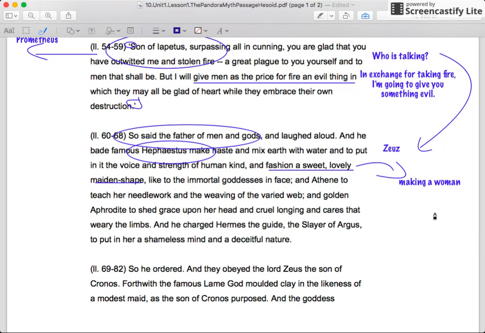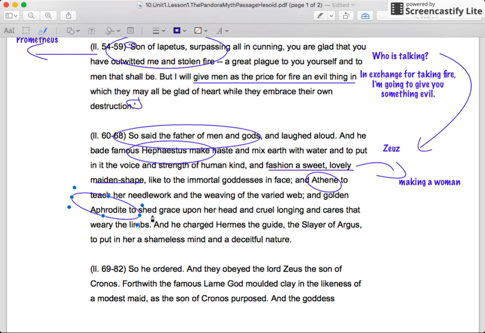And Athena, so we've got another character, another one of the gods here, to teach her needlework and weaving of the varied web. So Hephaestus makes a woman. Athena teaches her needlework and teaches her how to weave. And golden Aphrodite, another character, to shed grace upon her head, and cruel longing and cares that weary limb.